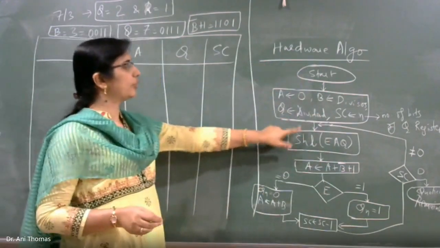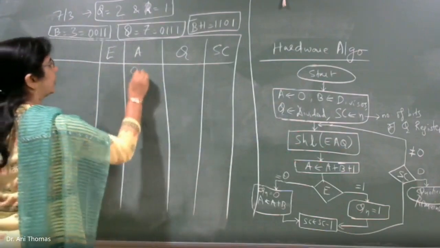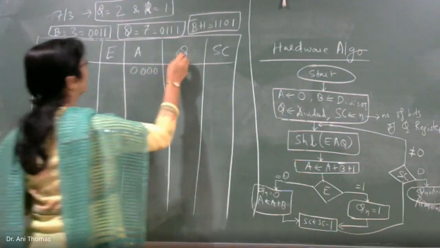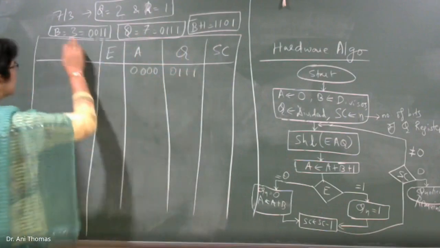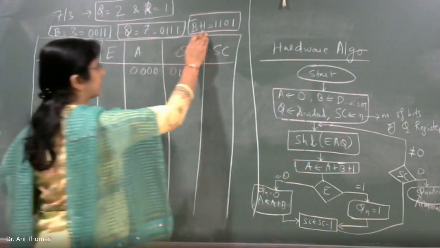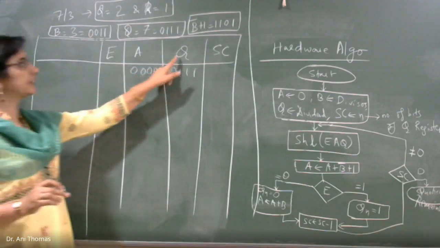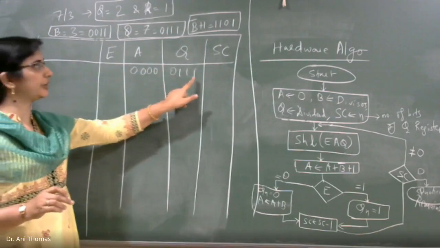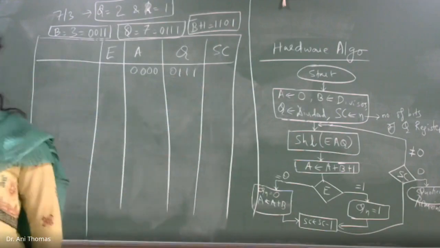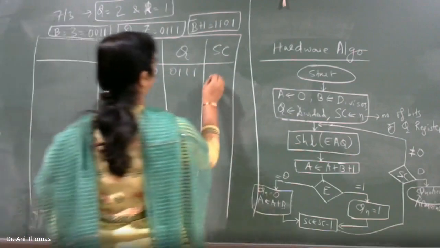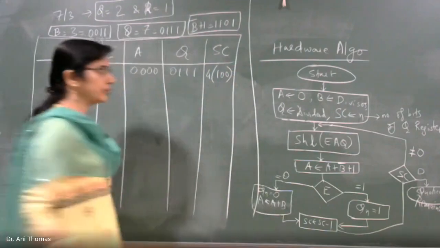First, A is initialized to 0, that is 0, 0, 0, 0. Q has the value 0, 1, 1, 1. B already has 0, 0, 1, 1 and B bar plus 1 has 1, 1, 0, 1. Since Q has 4 digits, the sequence counter will be 4, or in binary 1, 0, 0.